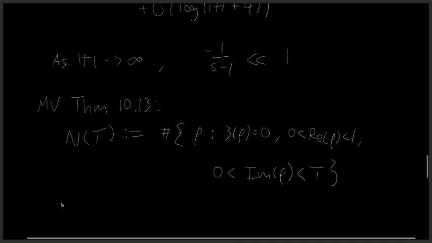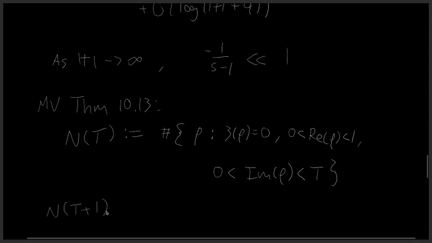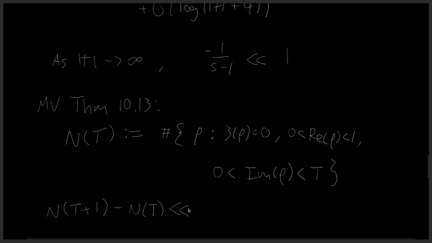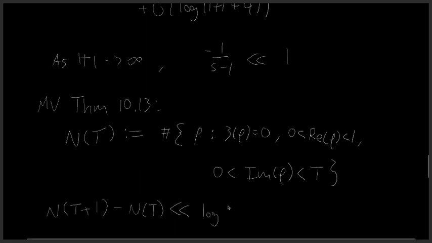And the actual theorem is that N(T+1) minus N(T), so the number of zeros in this short window, this window of size 1, is at most, and the bound they give is log of T plus 2.